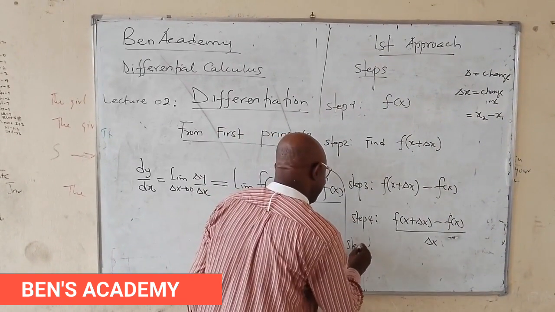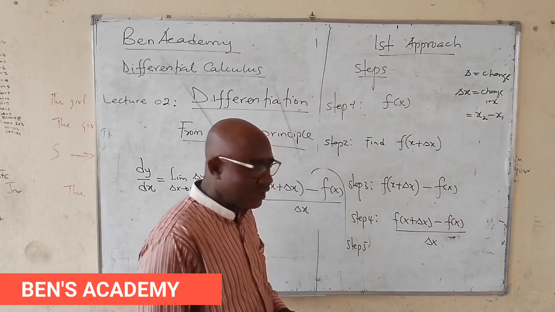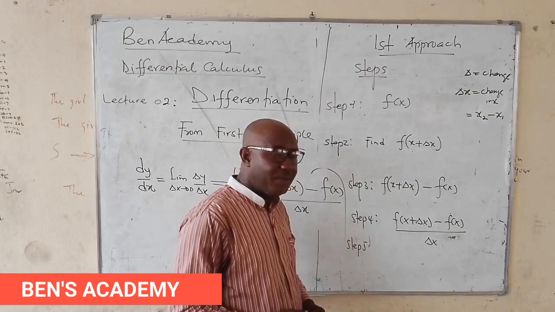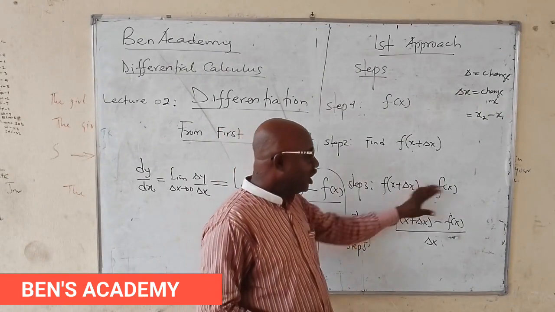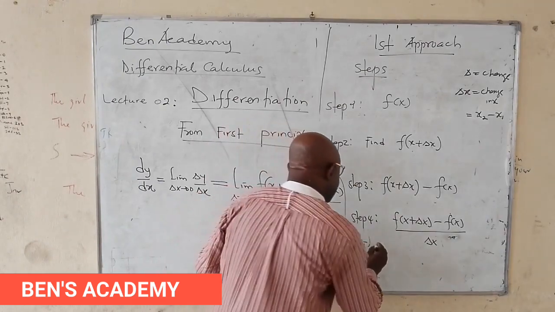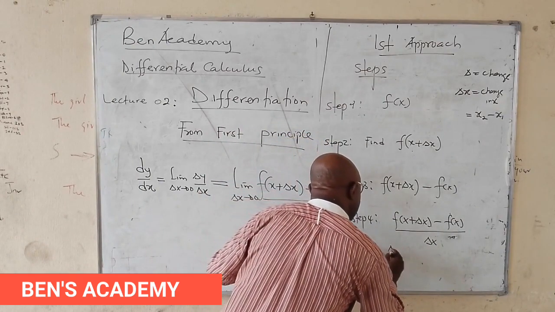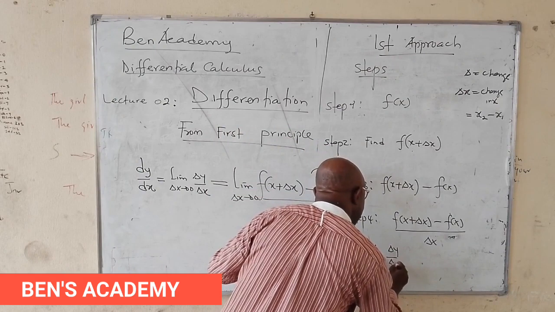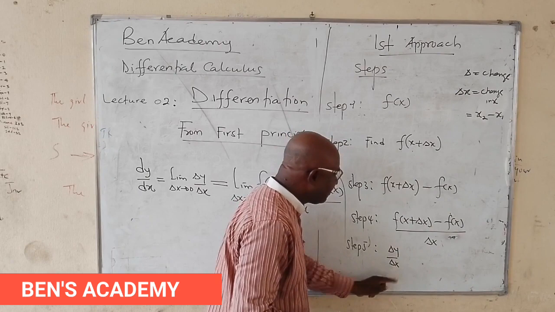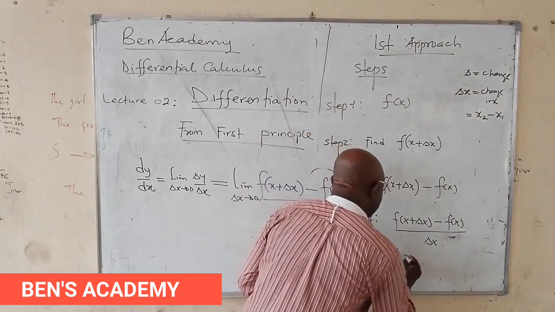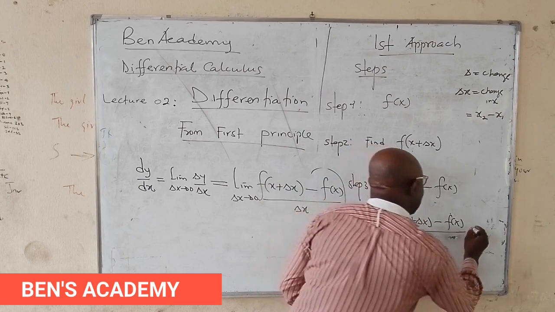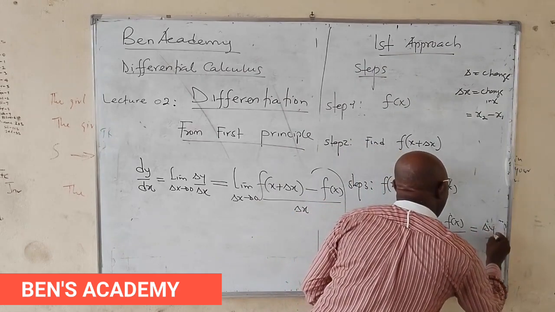Then step 5. In step 5, you will now find what is called the rate of change. The rate of change measures the change that occurs in y given x. The rate of change is given as change in y upon change in x. And that means we have to divide, because this particular expression here is change in y.